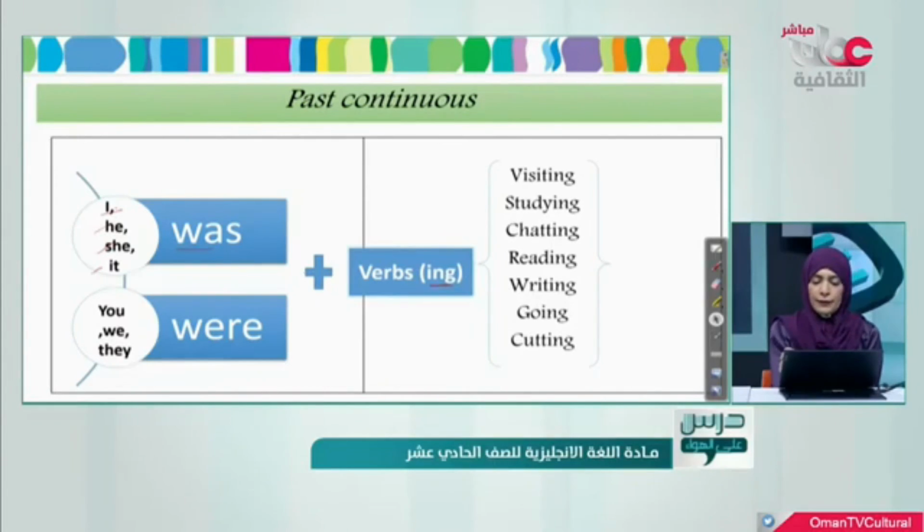But look at the third category, which is the verbs group. Do we have any changes here? The singular and plural is indicated by using the words was and were, and they both play the role of helping verb. The main verb will include ing at the end, like visiting, studying, chatting, reading, writing, going, and cutting.